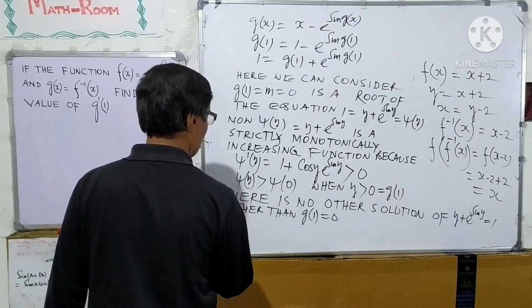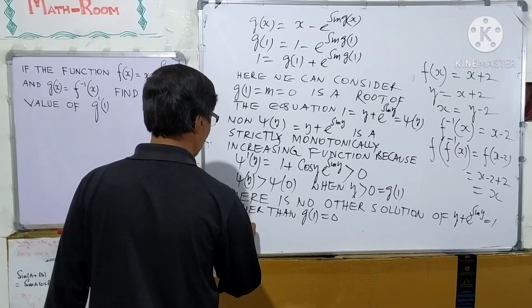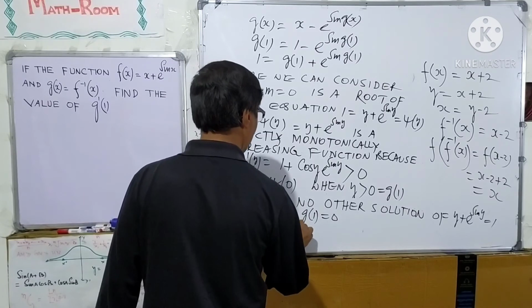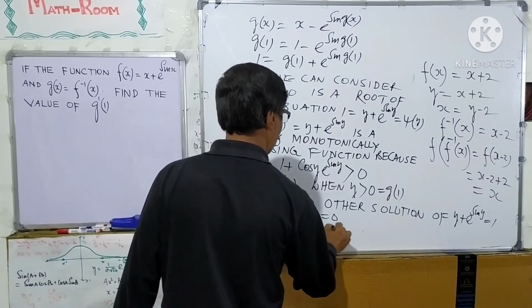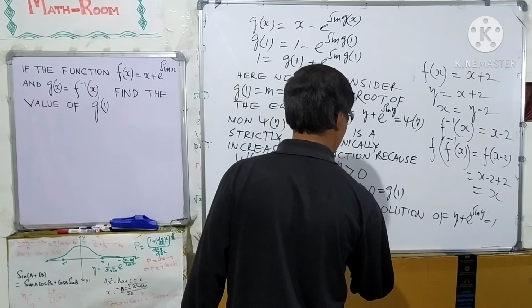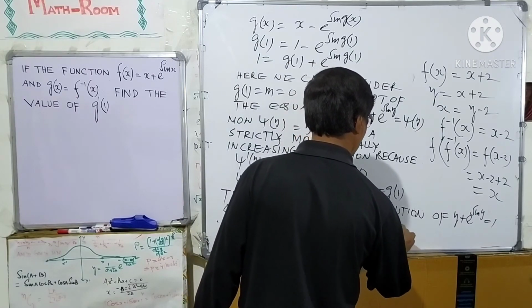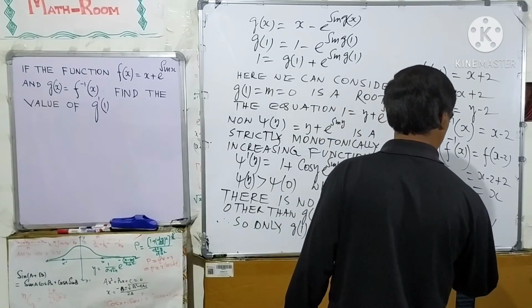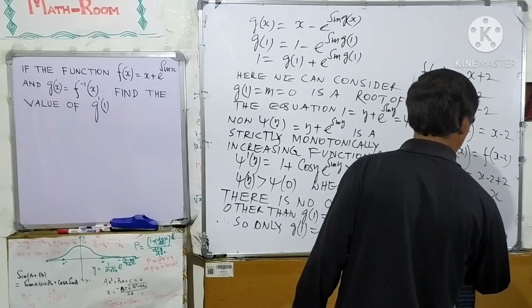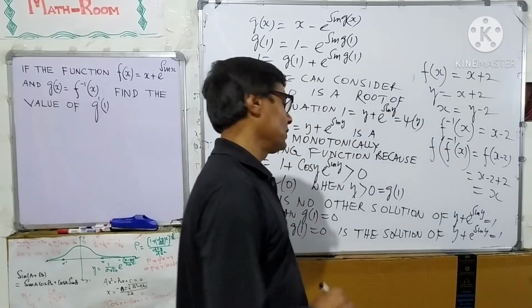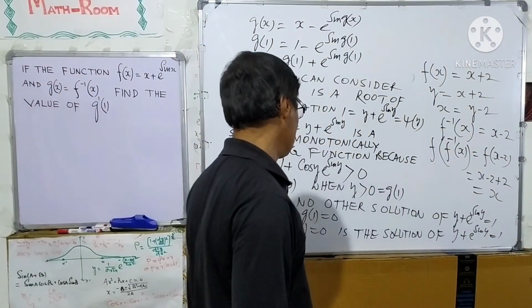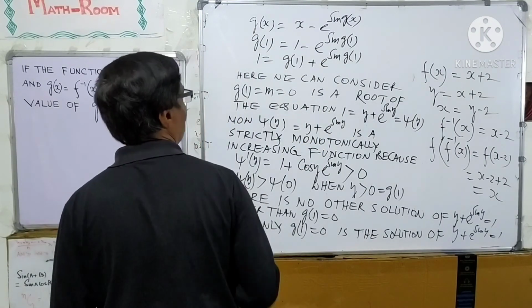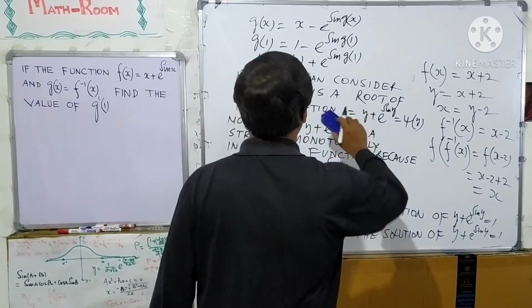So only g1 equal to 0 is the solution of the equation y plus e to the power sin y equal to 1. This is the only solution of this equation.